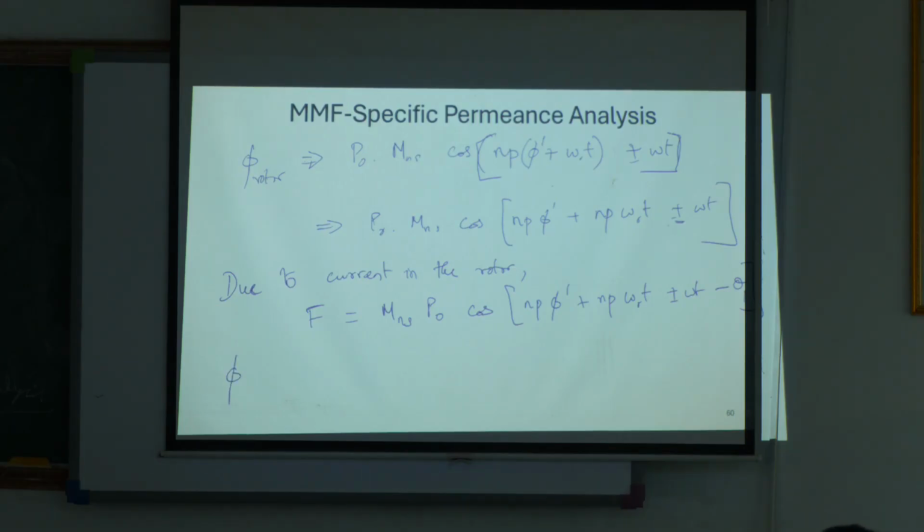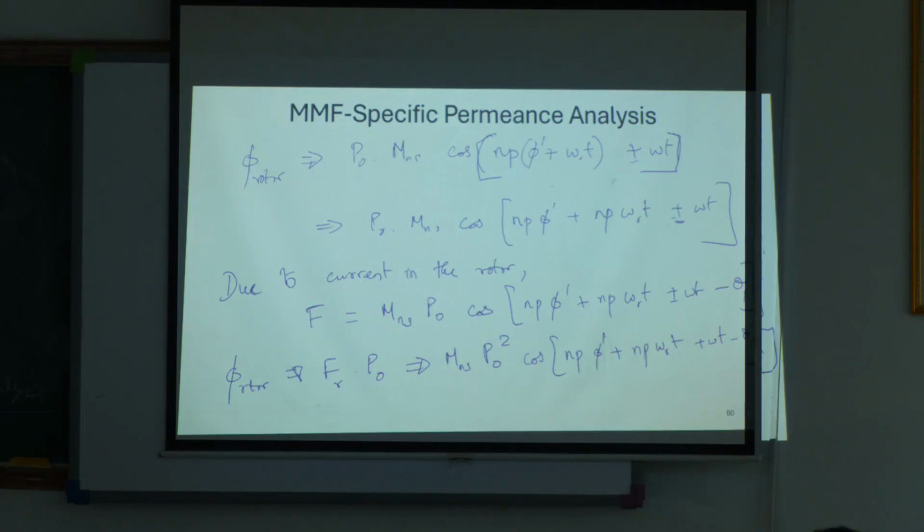Another flux will be introduced in the air gap due to this MMF FR. So this MMF, due to current flowing in the rotor, interacts with the air gap and produces another flux in the air gap, which is nothing but MMF times permeance. That is given by this expression.